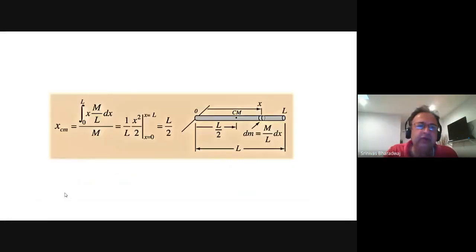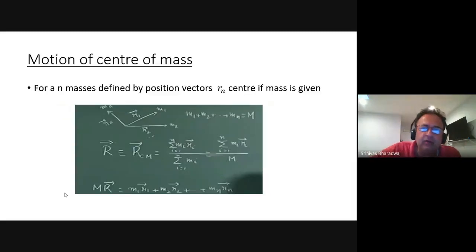Okay, so now the position vector. The center of mass is given by the position vector R_cm, which is equal to sigma m_i r_i by sigma m_i. So we evaluate the center of mass as a vector, it's a position vector.